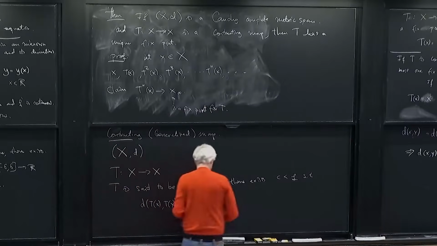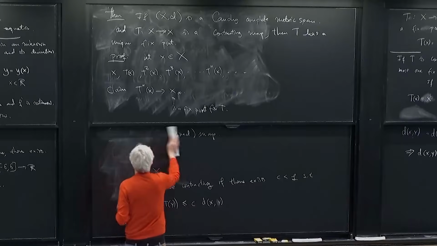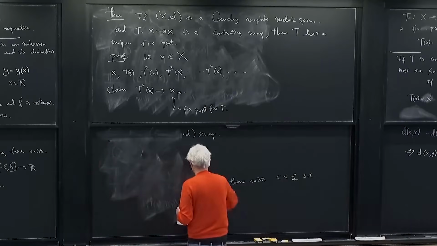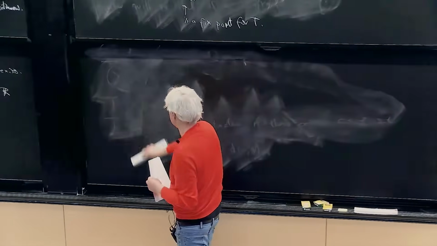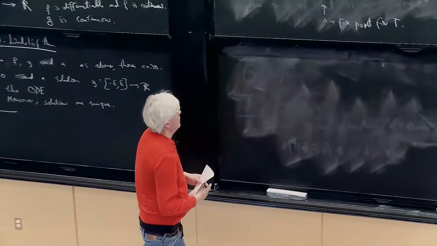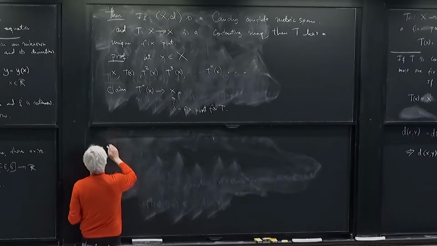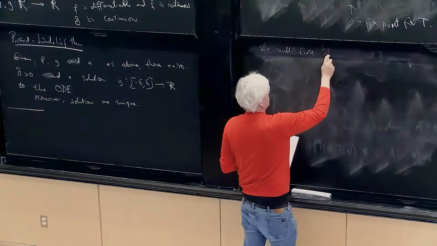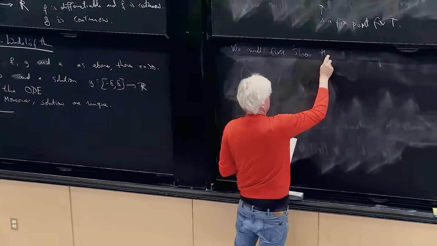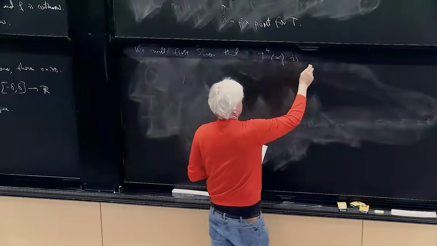Now, we wanted to prove first that it's converging. So we'll first show that T^n of X is a Cauchy sequence.